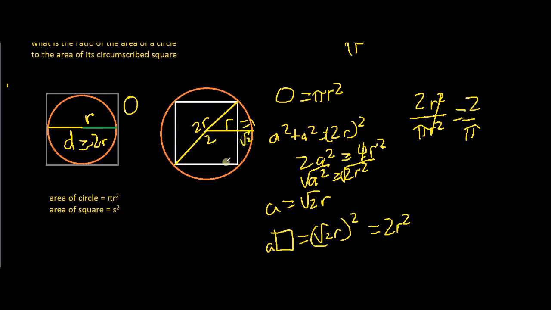These sides are going to be the square root of 2, because remember we said that a equals the square root of 2 times r. Well, r is 1, so the sides are the square root of 2. Then that means this area is the square root of 2 squared, or 2. So if r equals 1, the area of the circle equals pi. The area of the square equals 2. And then you can easily see that the ratio is 2 over pi.